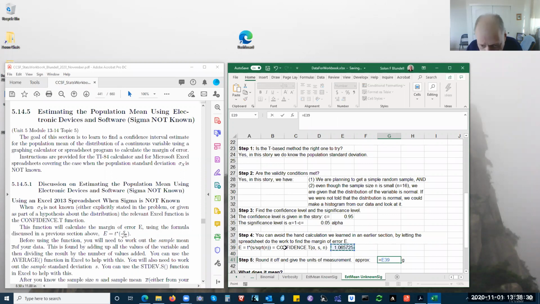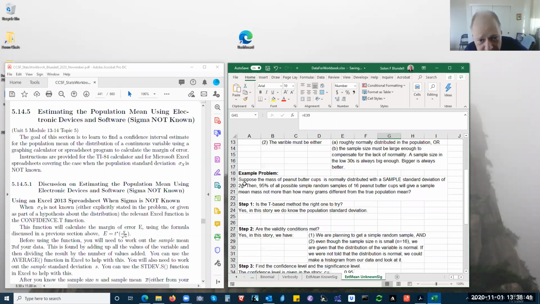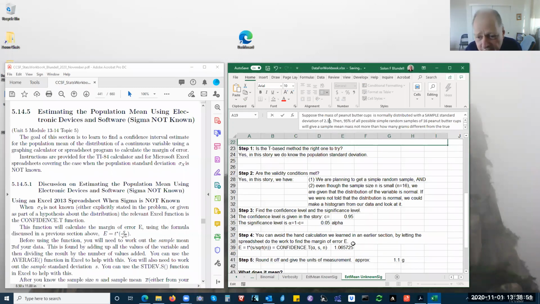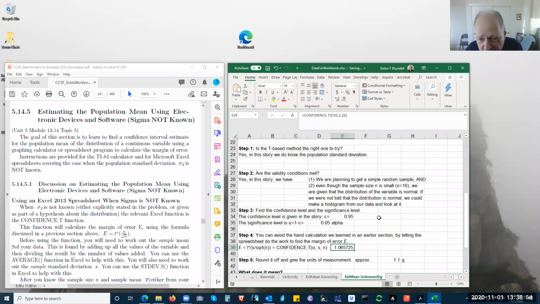I'll round it off. I don't want to show a lot more digits than however many digits I got in my sample standard deviation. Let's change the problem a little. Like if this had said 2.1 grams for the sample standard deviation, then down here I'd go 1 digit beyond that.